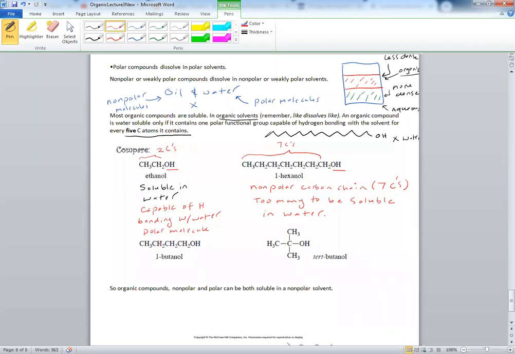However, what do you expect of butanol? Is that 5? It has only 4 carbons in this case, so it should be soluble in water.